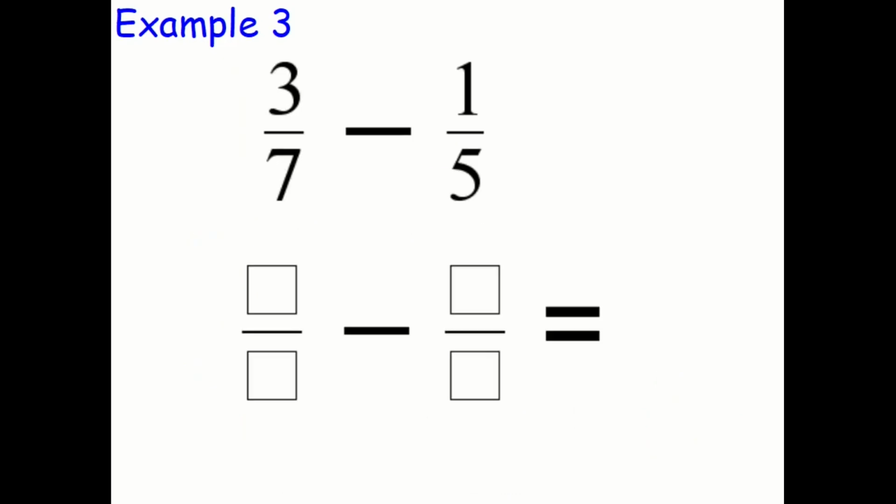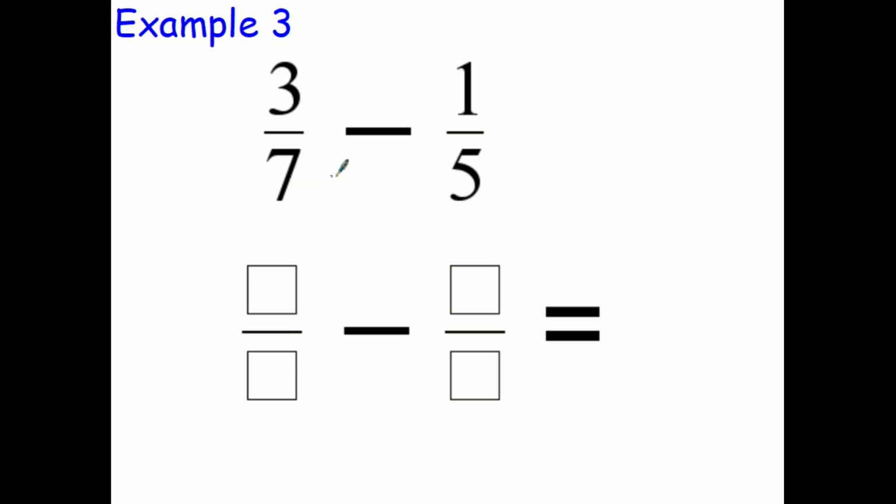Okay, example 3. So here we've got 3/7 take away 1/5. The denominators are not currently the same. How can we make them the same? Well, we make them the same by finding a number that both of those numbers will go into.